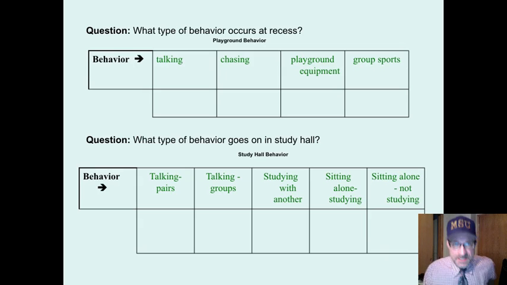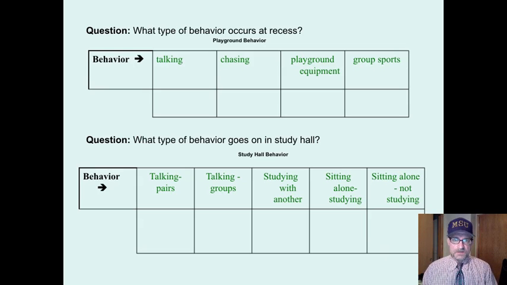Here are some other types of inquiry questions you might use. What types of behaviors occur at recess? And they put a tally mark, or in study hall. Now notice it's about the process of science. The answer isn't that important, but it's the process.